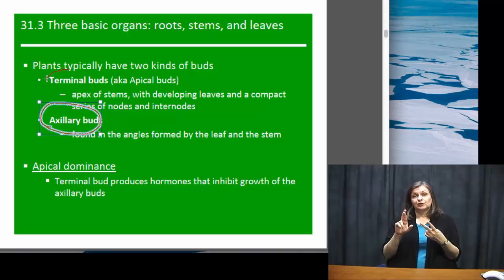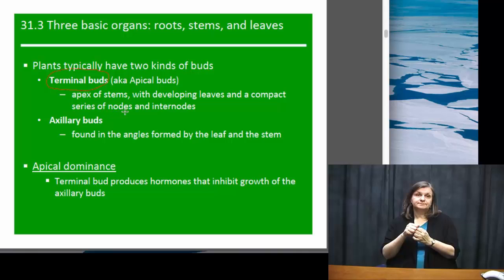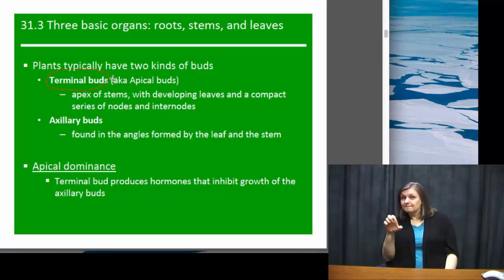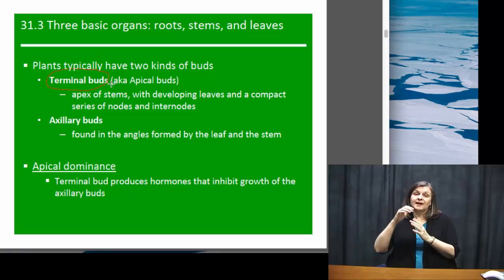The terminal buds, on the other hand, are the structures that will actually be associated with our developing leaves at the tops of our plant. We think about terminal buds as being the buds responsible for helping to make the plant taller. These are also known as apical buds.